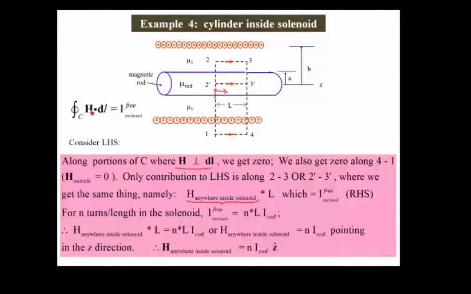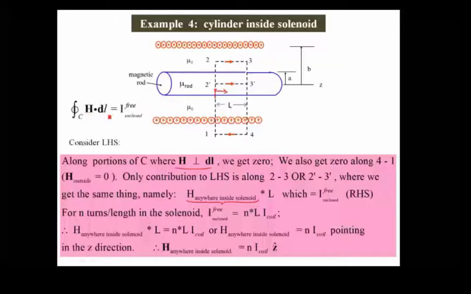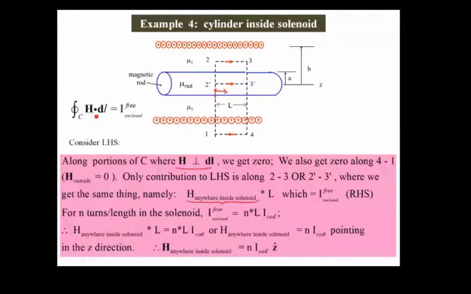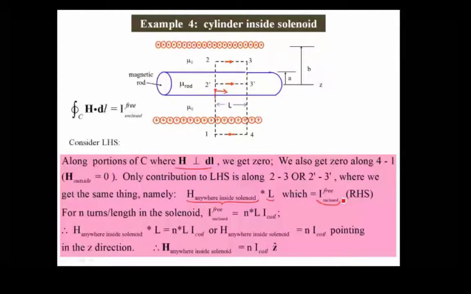H is constant because this is an infinite cylinder. So just like we have constant B, we have constant H. This quantity will just be H times L when we integrate over this part of the path. H anywhere inside the solenoid, either in the material or in the air gap, times the length L is our left-hand side, which we're going to set equal to the right-hand side, this quantity here.